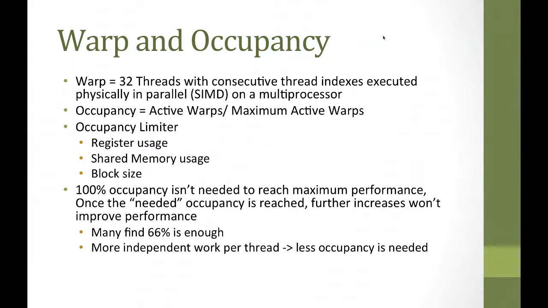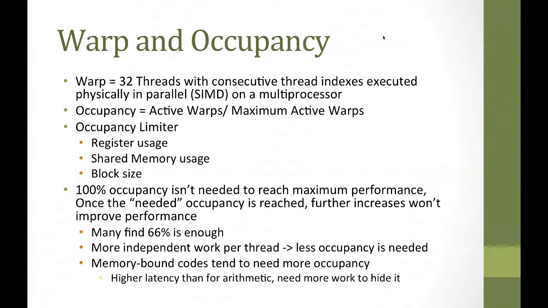If your program has more independent work per thread, then less occupancy is needed because you have more instructions to issue. Even if you have a small number of warps, each warp has a lot of instructions that can overlap with each other. And I will show you the detail later.